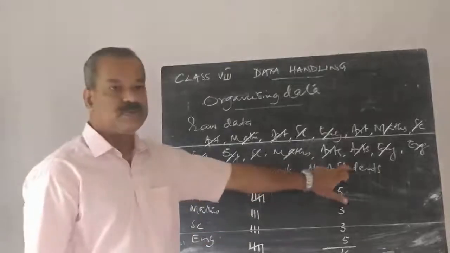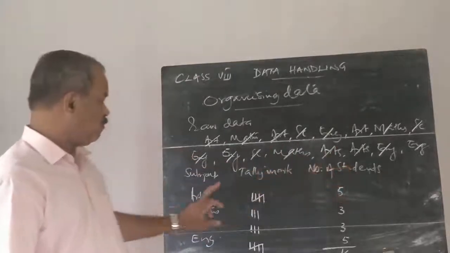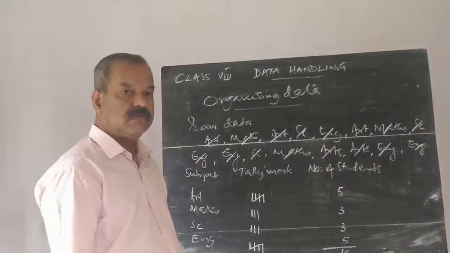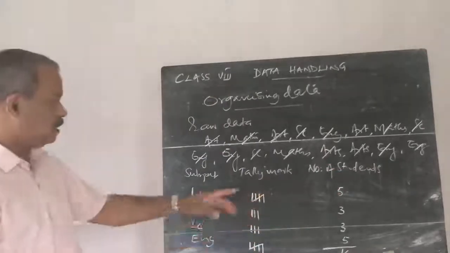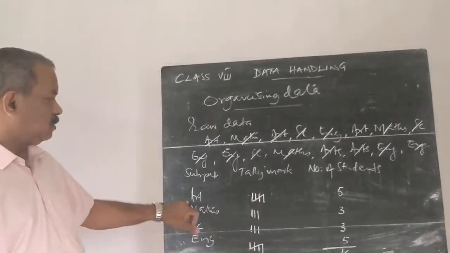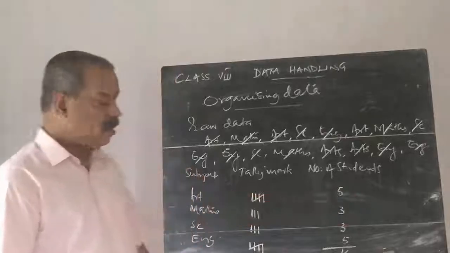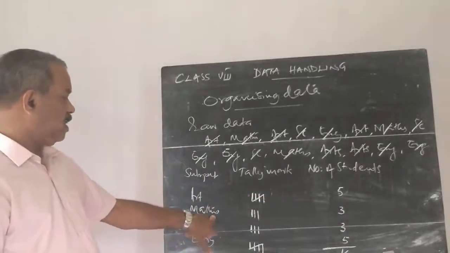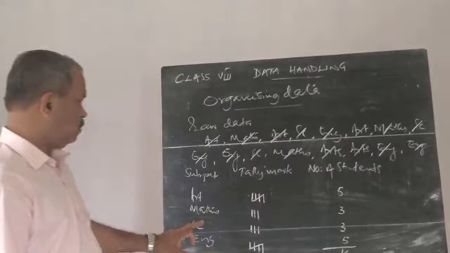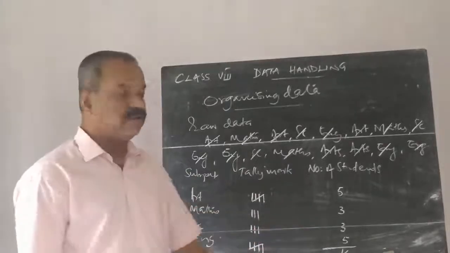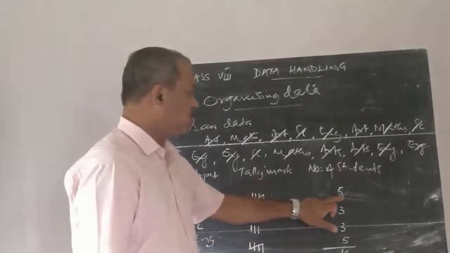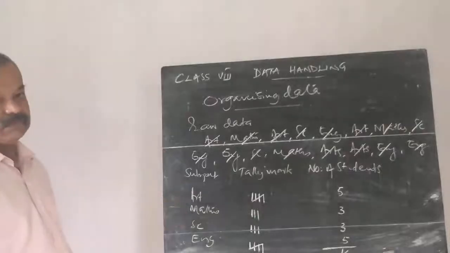This is the number of students for each subject. Those who like art, how many of them? 5 students. How many like maths? 3. Science 3. English 5. This 5 is called the frequency of art.